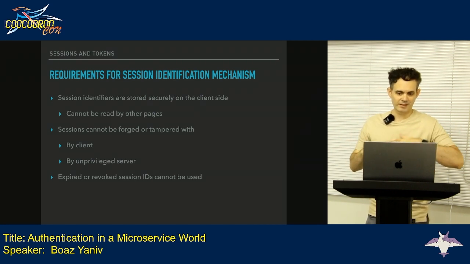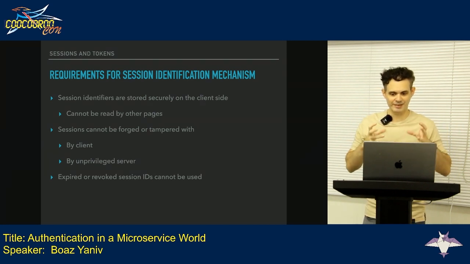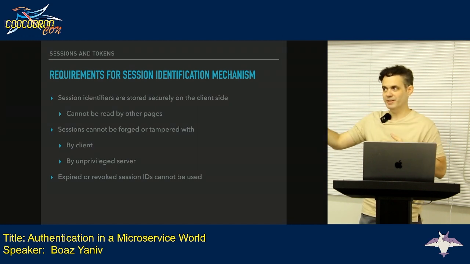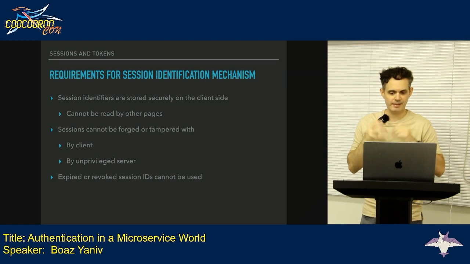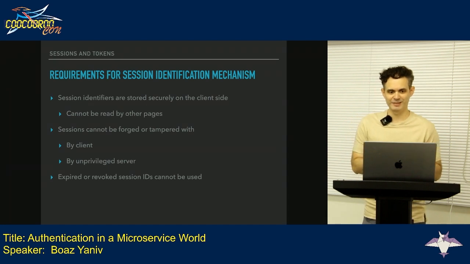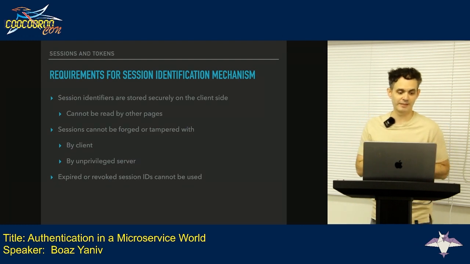So if, for instance, we have random IDs that represent something in the database, then this needs to be cryptographically secure. And if they contain data by themselves, and we'll get to that in the next slide, we need to encrypt them and authenticate them and use cryptography to prevent tampering.